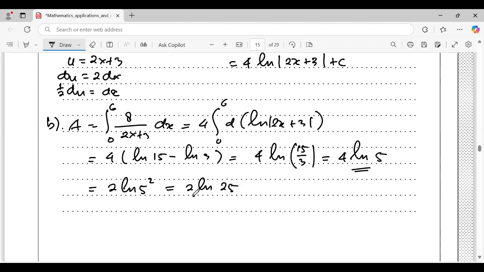So you can solve it like this. Or like this: 4 ln 5, according to the ln rule, becomes 1 ln 5 to the power 4, 1 ln 625. So there are 3 possibilities for your solution.